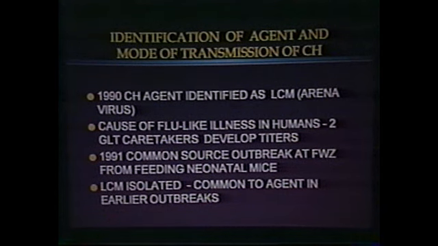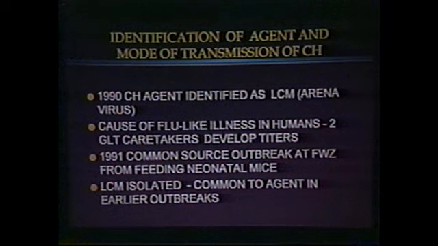It turned out that the source was a common practice of feeding neonatal mice to these marmosets and tamarins. It occurred in a variety of callitrichid species, so it's not limited to the golden lion tamarins, but there was a high incidence in the golden lion tamarins.